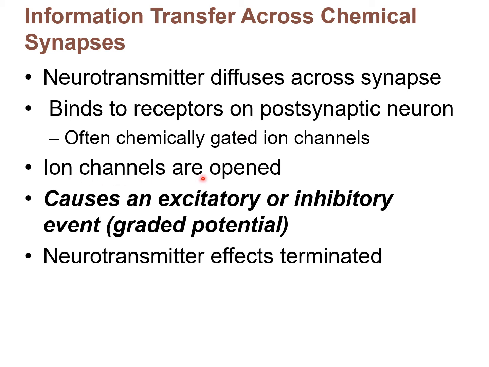The ion channels then open, and you have sodium rushing in, potassium rushing out. We have all these ions rushing across the membrane with these channels open based on their concentration gradients, and that causes a graded potential. Now, what's new here is a graded potential could be excitatory or inhibitory. So now we need to go through those scenarios.